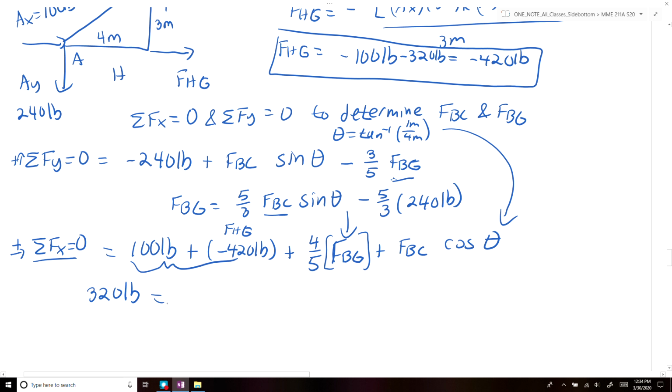And on the right-hand side of the equation, we'll get 4/5 times minus 240 pounds plus F_BC.